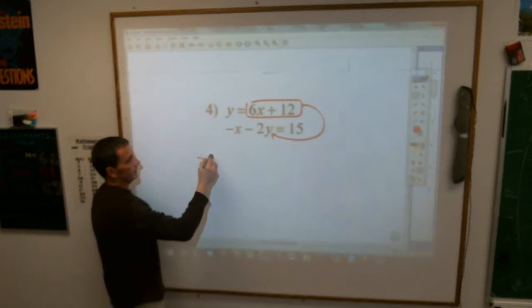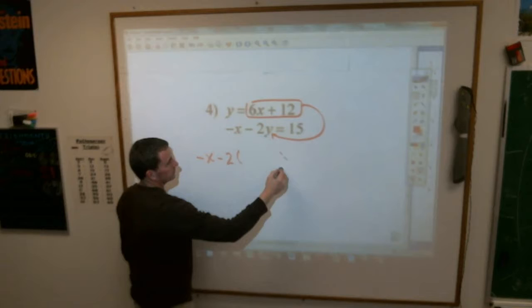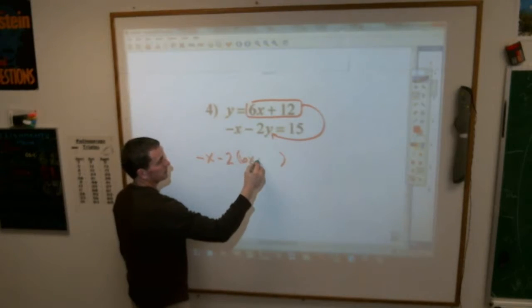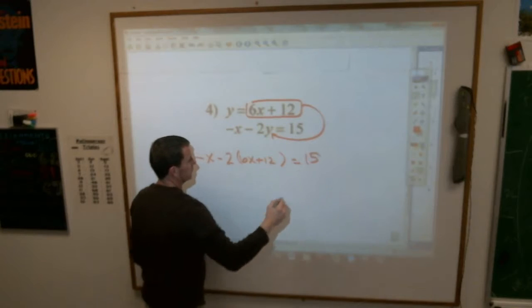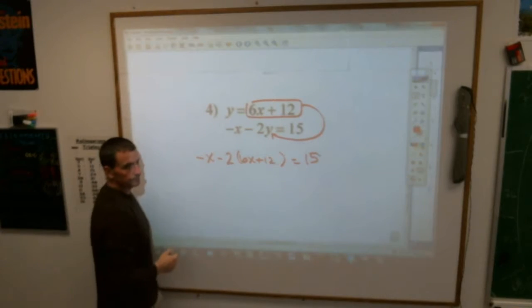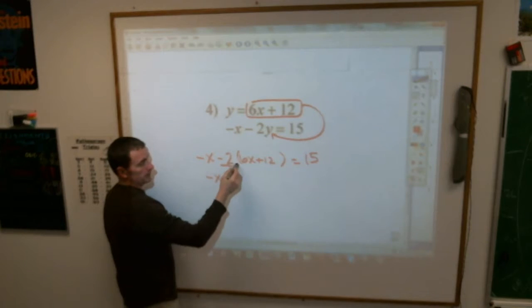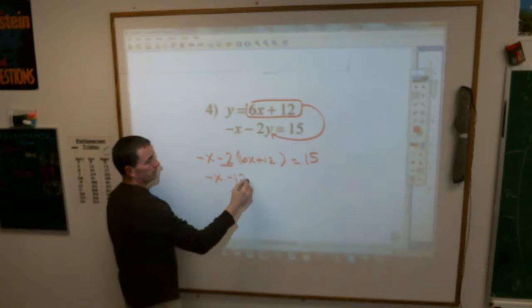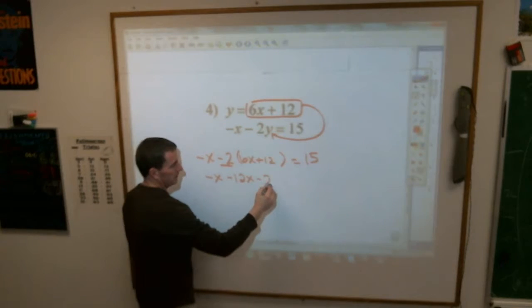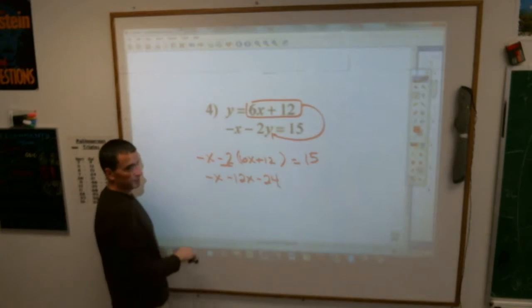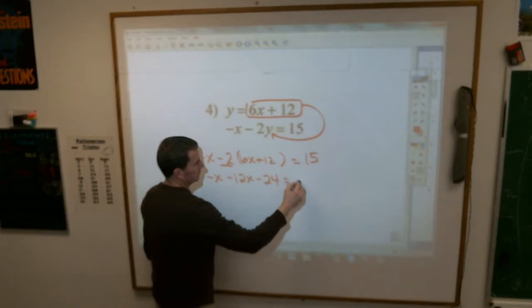So you have the negative x minus 2 times what that y equaled, which was 6x plus 12, and that equals this 15. So far, so good? It's negative x, you have to distribute out this negative 2. Negative 2 times 6 is negative 12x. Negative 2 times positive 12 is negative 24. You get both those. A lot of times people make mistakes when they multiply by the negative 2. Equals 15.